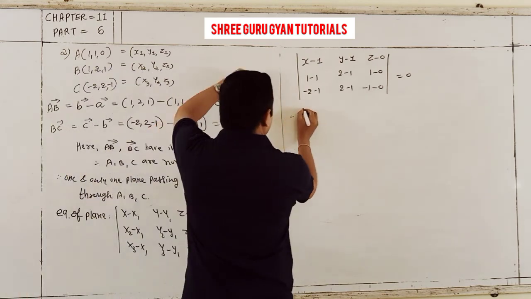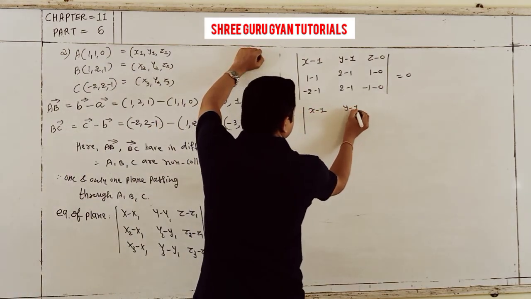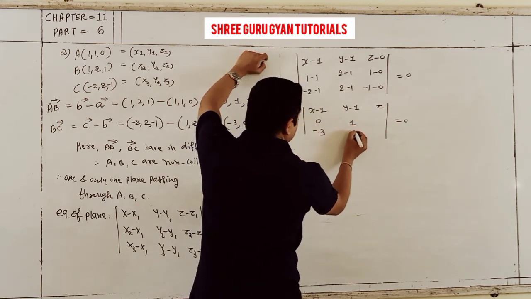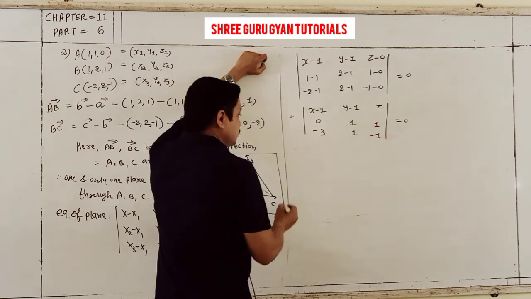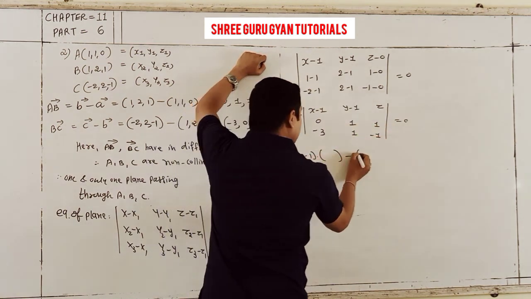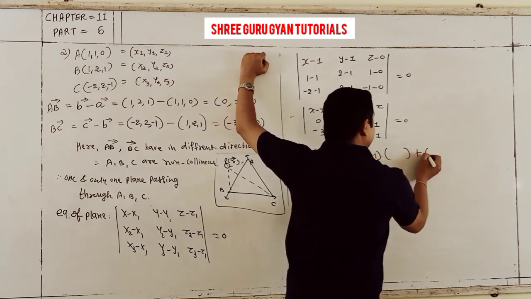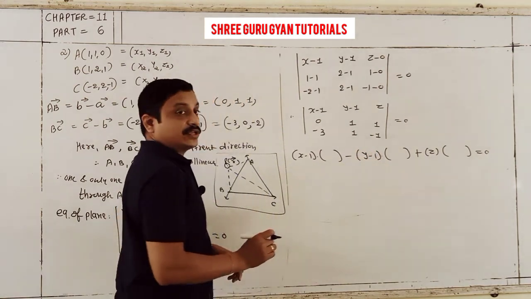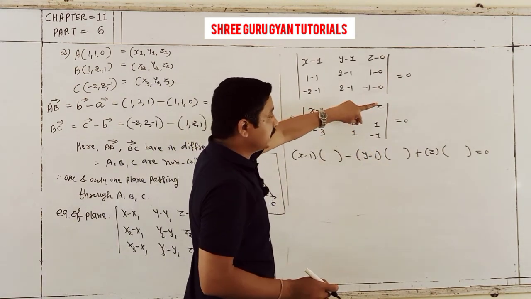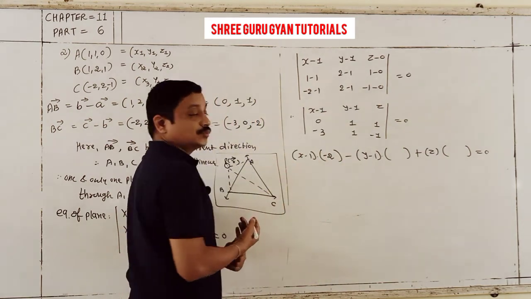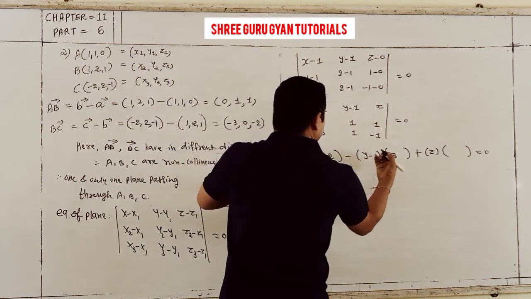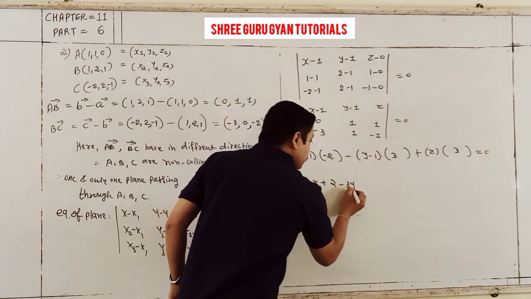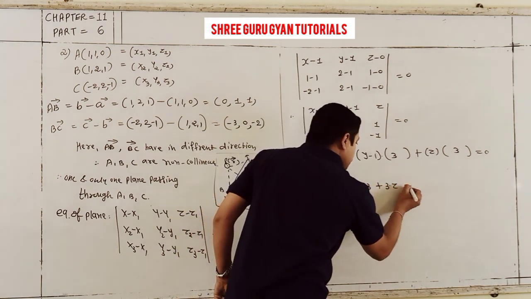Students, I just calculate that determinant. You will calculate by the definition of determinants, and very easily you will derive your answer. Your answer is -2x plus 2, -3y plus 3, and 3z.